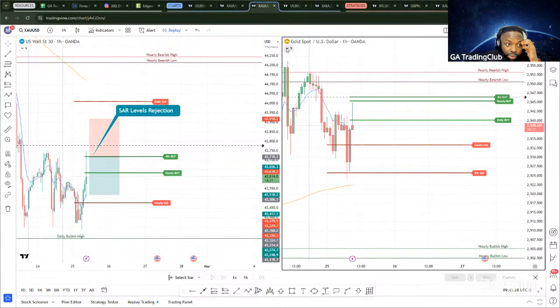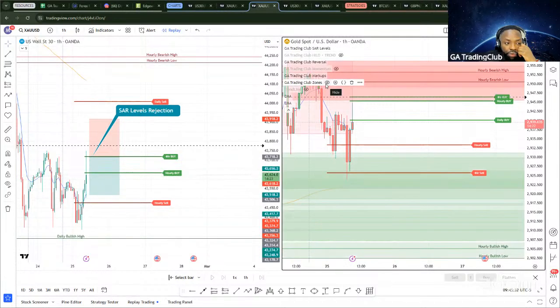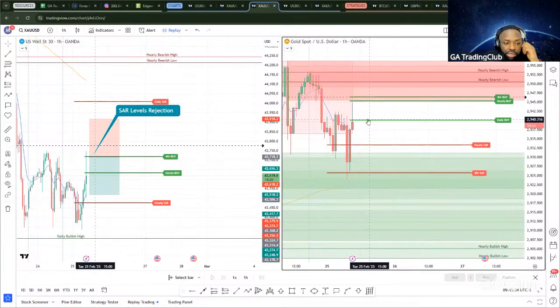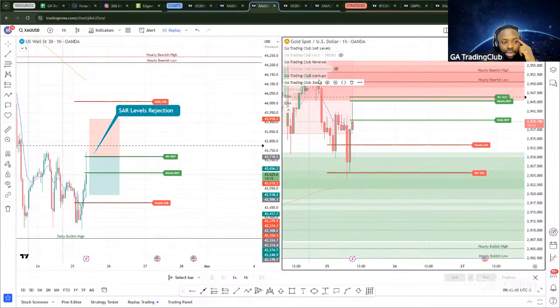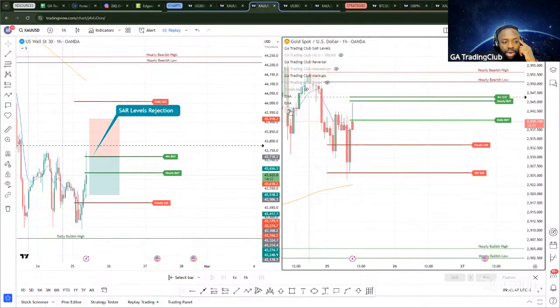I like this wick from the upside on gold on the hourly. And unfortunately, as much as this right here would be a rejection level, it's in no man's land, right? So it's neither in a red zone nor in a green zone. So as much as there's some supply kicking in from the left-hand side, there's really nothing here, even though this hourly candle would close below here.